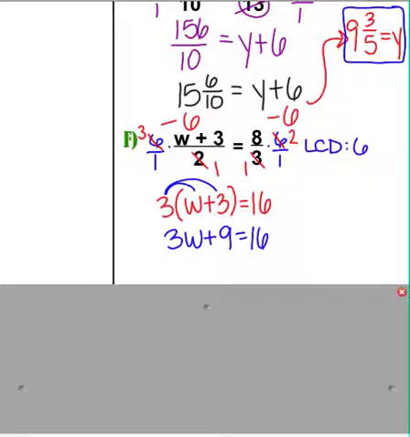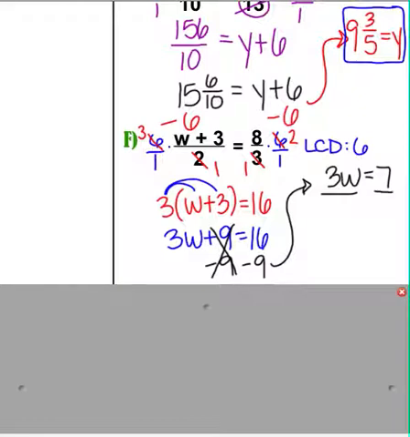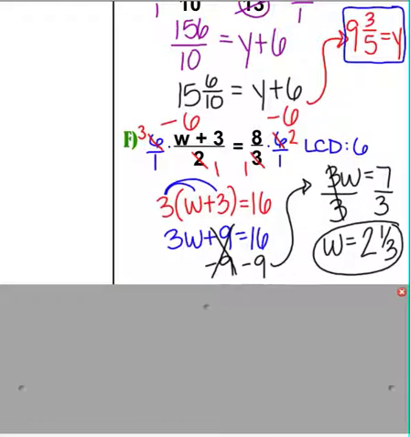So now with this problem, I need to go ahead and subtract 9 from both sides, which results in me having these cancel, giving me 3w equals 7. Then I divide by 3 on both sides, canceling the 3's, giving me w equals 7/3, which 3 goes into 7 twice with 1 left over. So w equals 2 1/3.